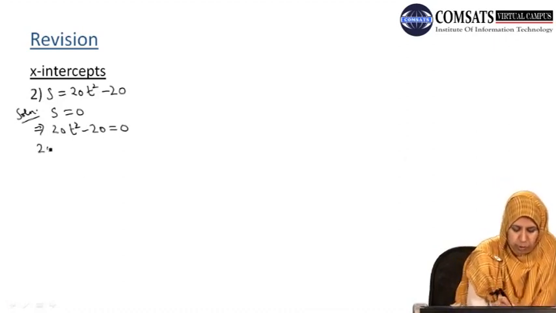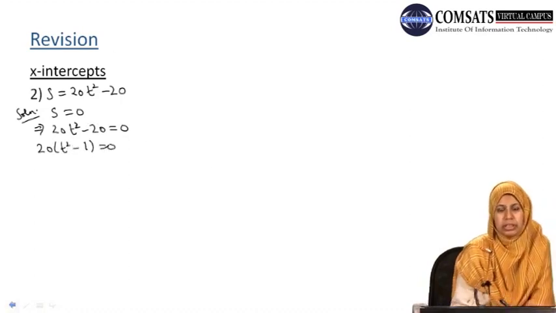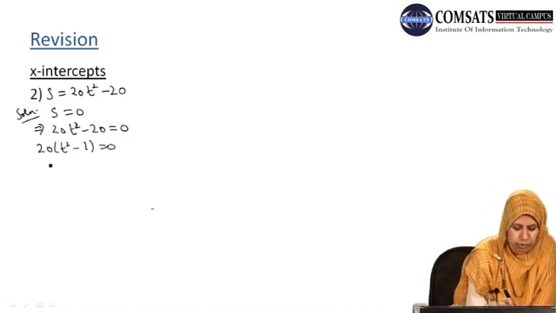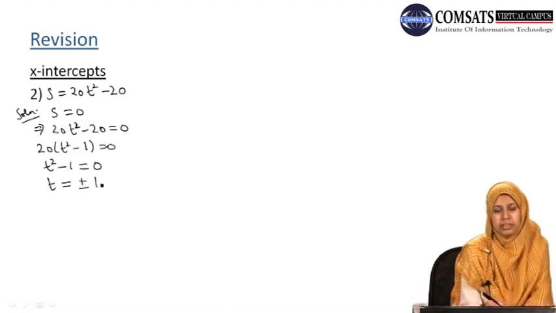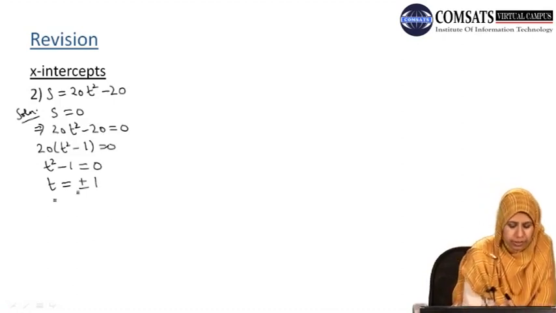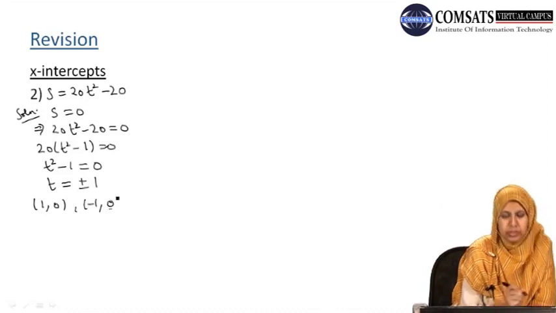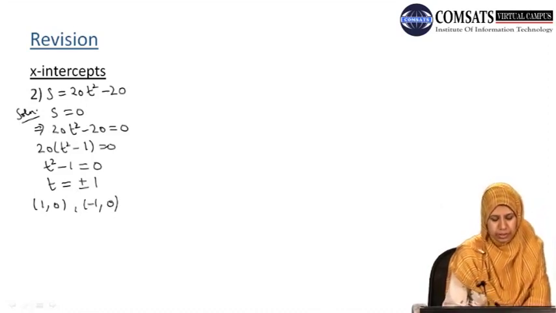Taking 20 common, we obtain t square minus 1 is equal to 0. Clearly 20 cannot be equal to 0, so t square minus 1 is equal to 0, and by solving this second degree equation, we obtain t is equal to plus minus 1. So the x-intercepts are 1, 0 and -1, 0. So we have two x-intercepts.